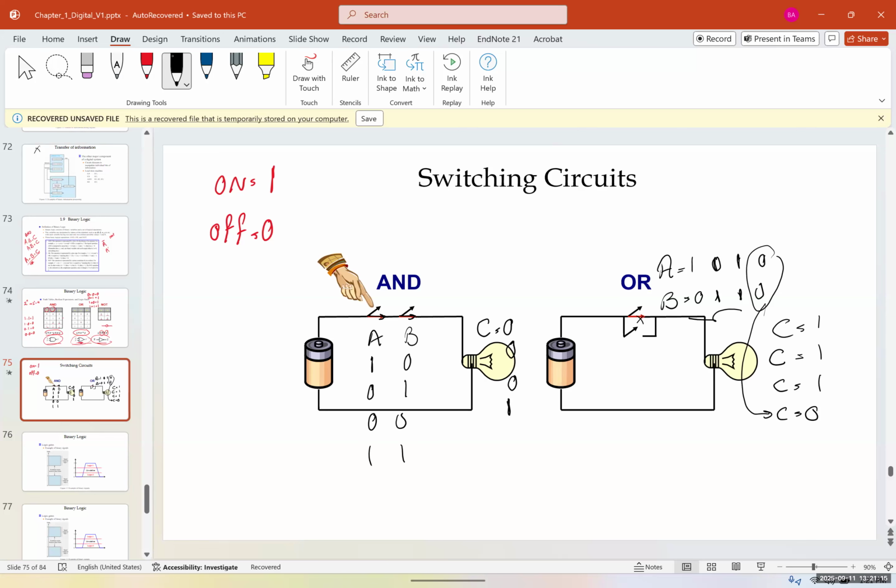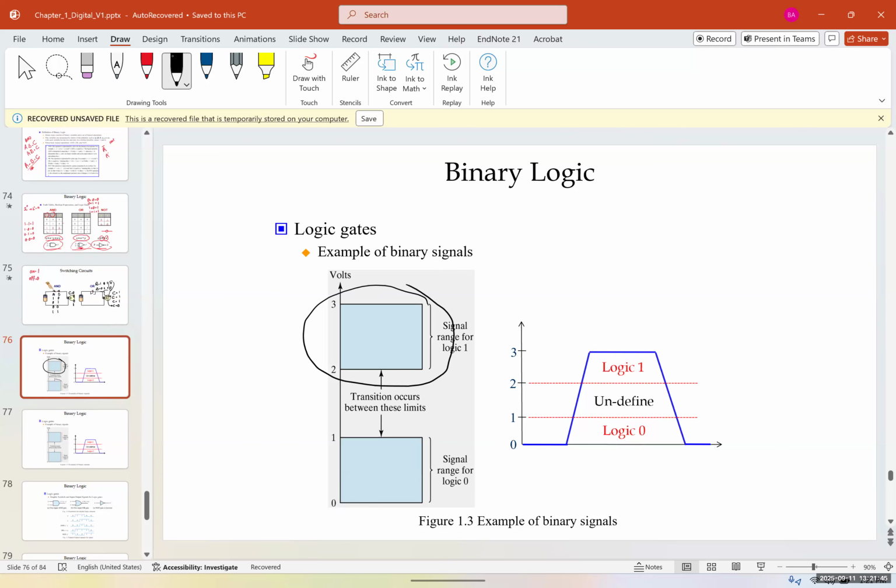And anything below 1 volt is the logic of 0. So again, anything in this area is a logic of 1. Anything in the blue area is a logic of 0. And in between, we have an undefined region.